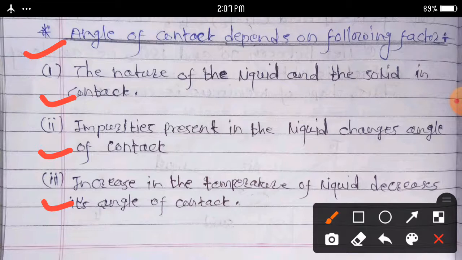When we increase the temperature of the liquid, its angle of contact decreases. In this way, the angle of contact depends on all these three factors.